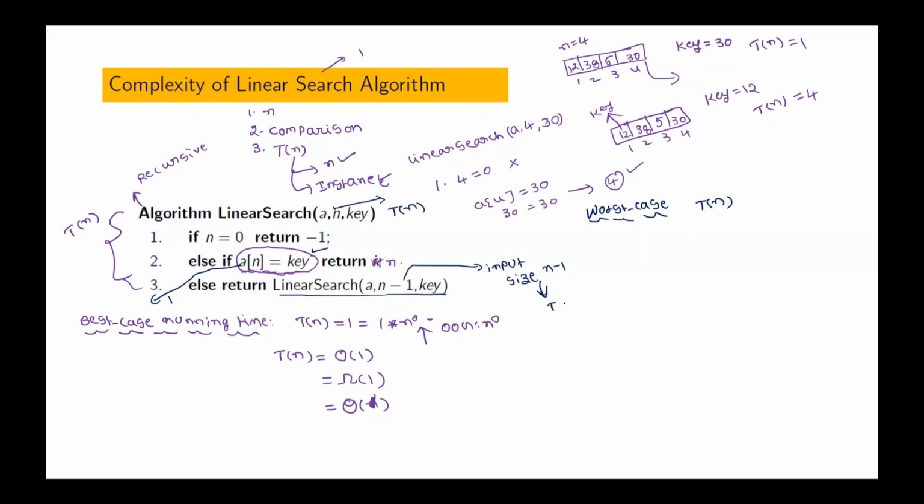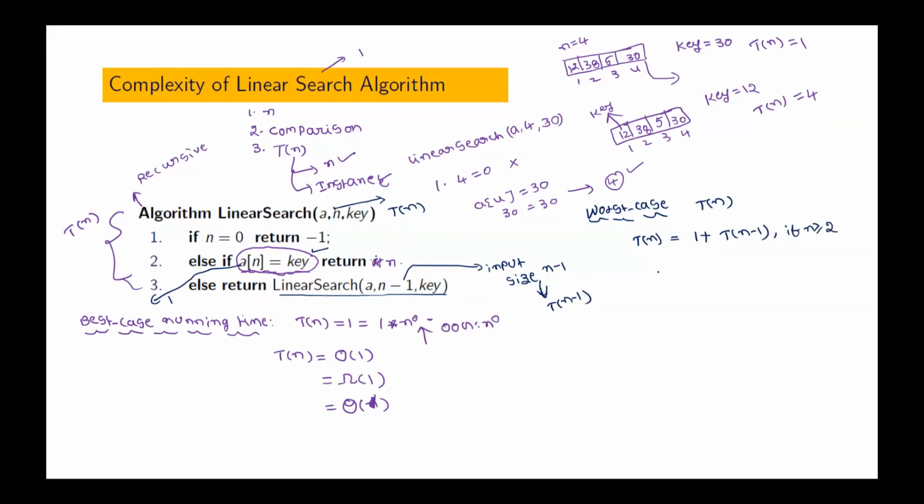Now tell me, what is the recurrence for the worst case running time? T of n can be written as 1 plus T of n-1, since we again call this function. This is if n is greater than or equal to 2. What are the initial conditions?